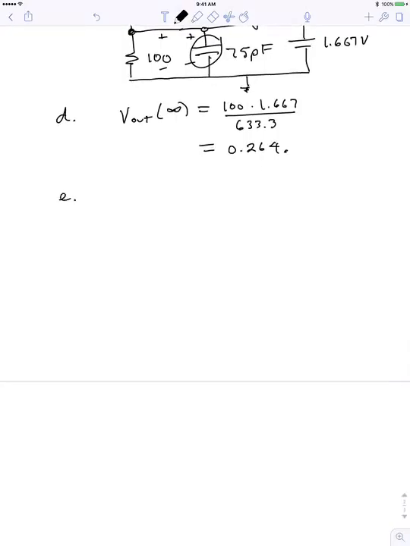In part E, we want to look at the rise time and the fall time. Okay, so if we start with the rise, we're going to end up in a high state. So we would use the equivalent circuit that ends up in a high state. So that'd be the part A equivalent circuit.